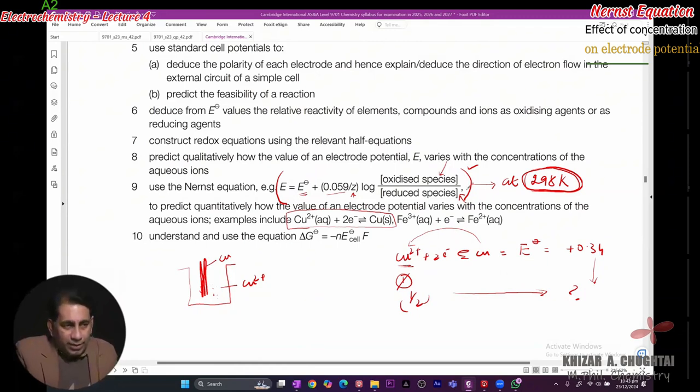Now, what is the Nernst equation? How to use this equation to find the new potential?